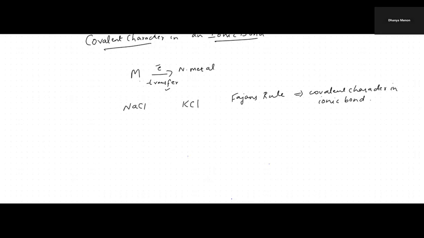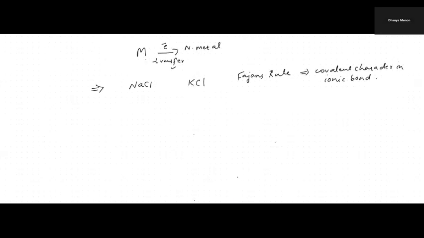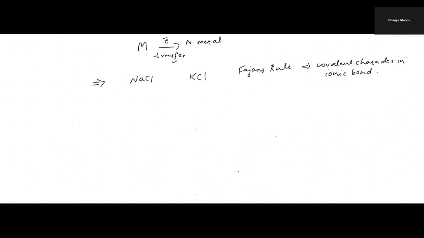Here two compounds can be given and they can ask you which is more covalent or which is more ionic, which compound shows more covalent character. They can also ask you which of these compounds have more melting point.